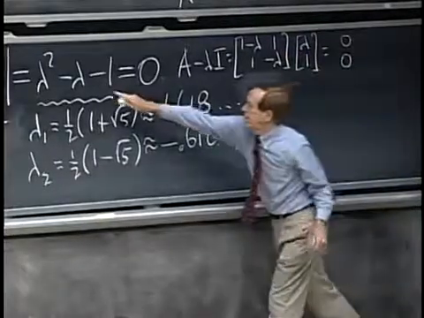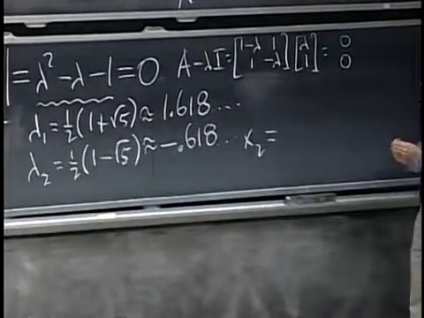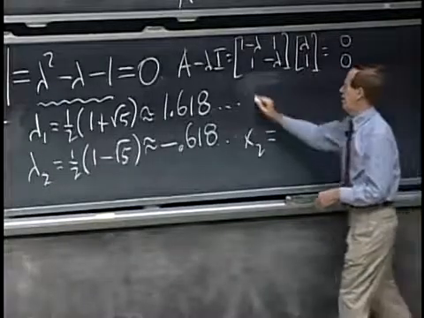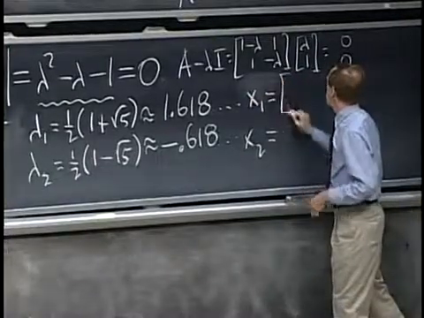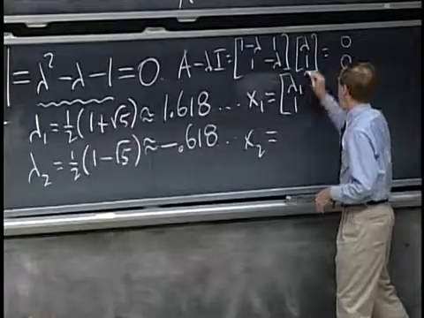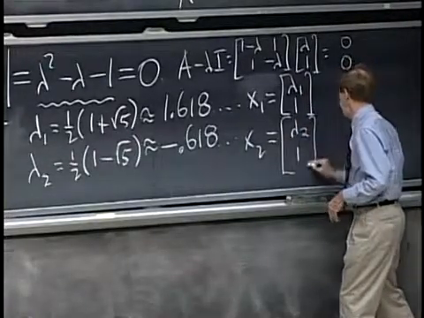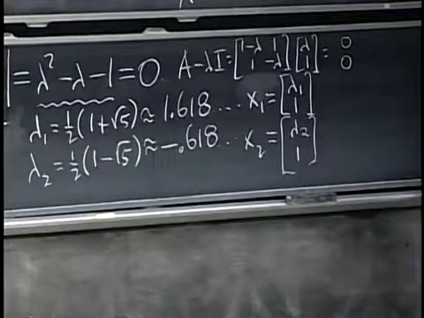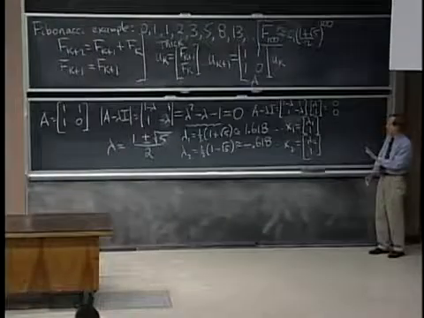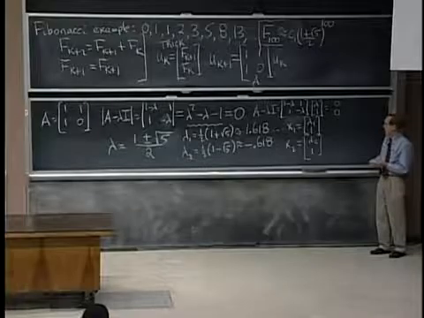It's the thing that's 0 because these lambdas are special. There's the eigenvector. x1 is lambda 1, 1, and x2 is lambda 2, 1. I did that as a little trick that was available in the 2 by 2 case.